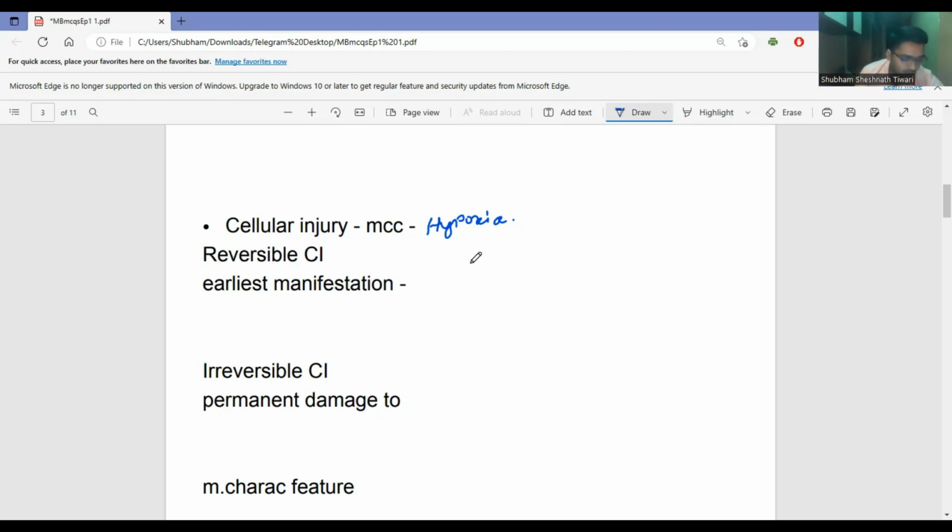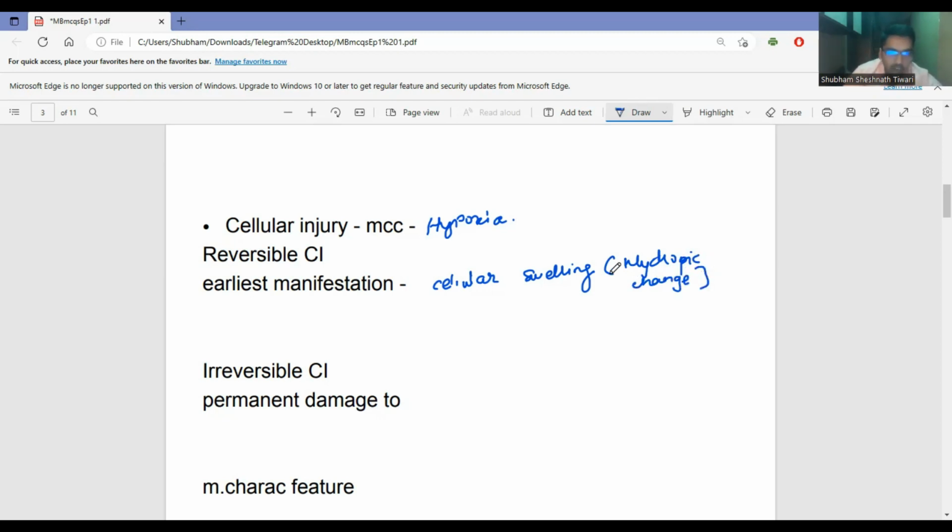So in reversible cellular injury, the earliest manifestation is cellular swelling. Cellular swelling is also called hydropic change. The cell is filled with water.